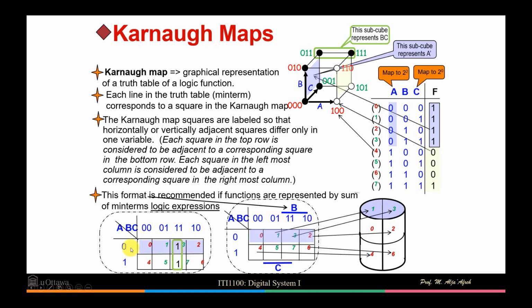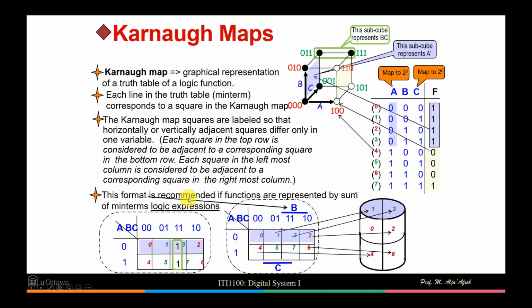Look at this. This row will differ from this row with just one variable, which is A. A was A prime, and now it has become A. While here, each adjacent cell will differ only in one variable. Here, the only difference is C, because C is now in the true state, and for these two adjacent cells, the only difference is B, because B was B prime here, and now it's in the true state, and so on.